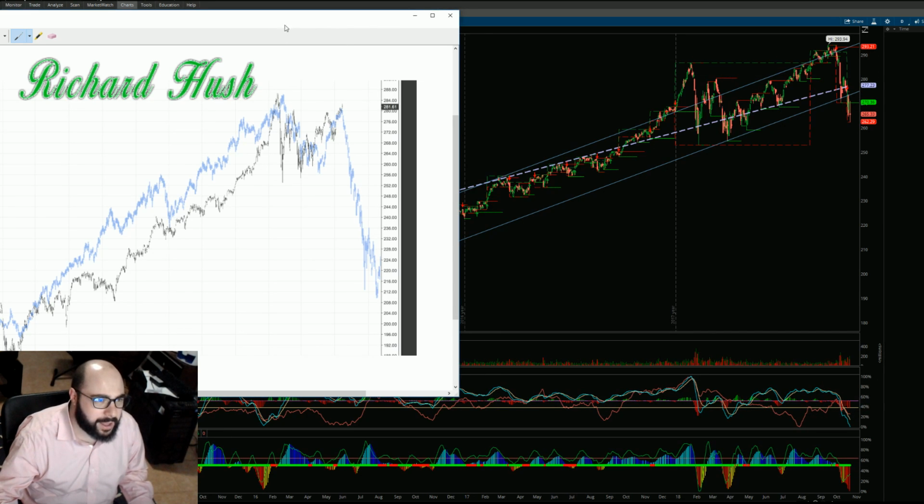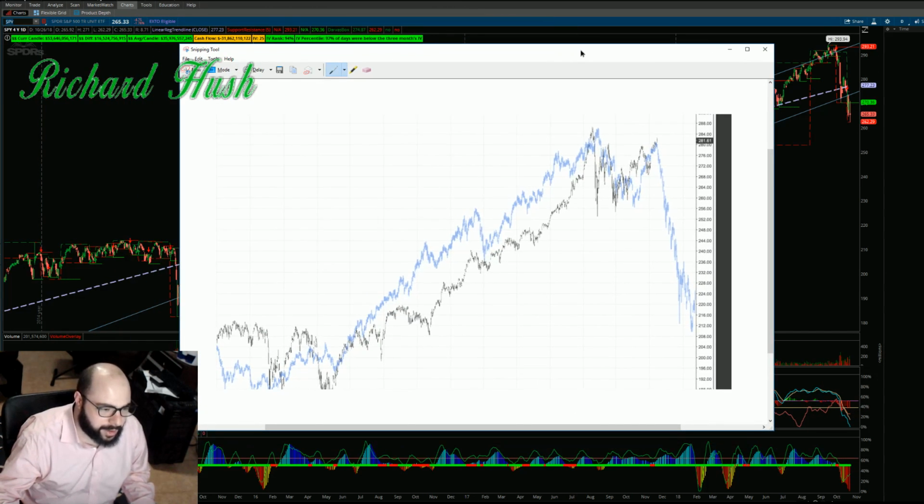okay? And this is kind of what I'm seeing. As you can see here, we have this move up. This is the first peak, and then it just kind of came down, and then here's the second peak, right? And then we really made that move down.